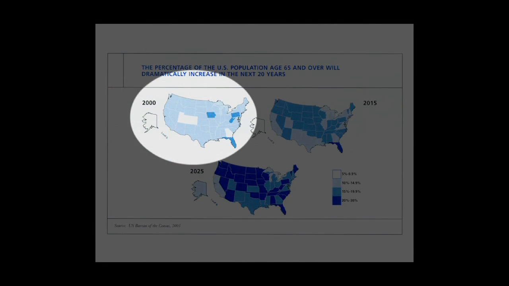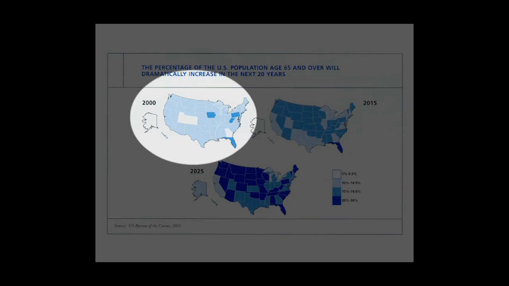The other reason why DCIS is going up quite rapidly is because our population is aging. So the demographics here, I think, are really quite startling. So this is the year 2000, and the darker the blue, the more aged the population. So here, this blue color means that about, at the most, 20% of the population of Florida is over the age of 65.